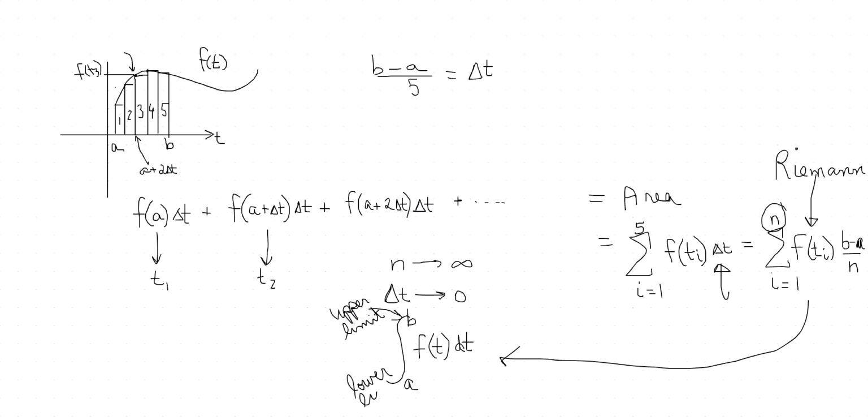Now that we've made this relationship, we're going to talk about some very special properties of the integral. This will lead us to our fundamental theorem of calculus. So right now we've associated this integral with the area under the f of t.